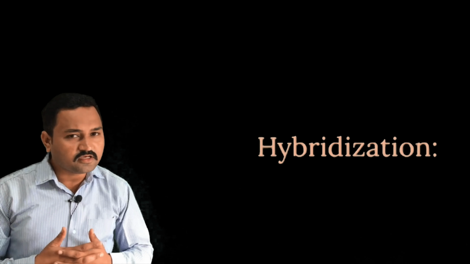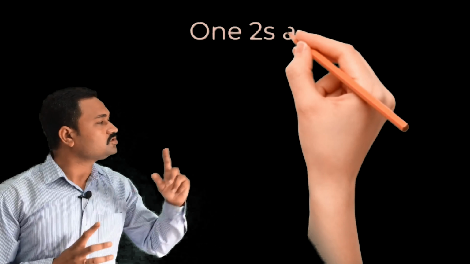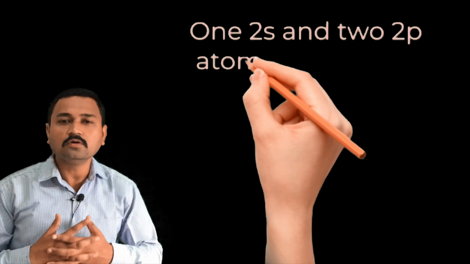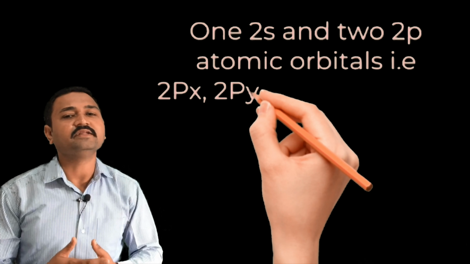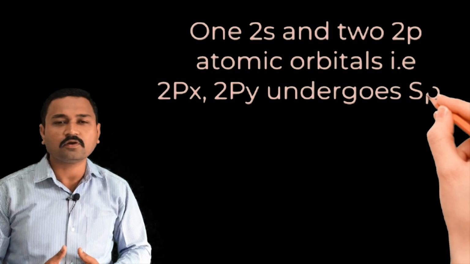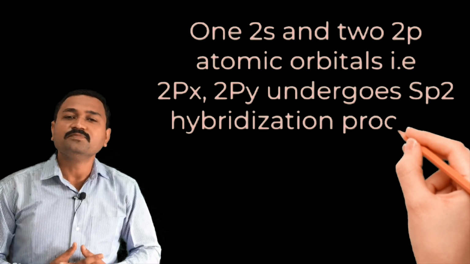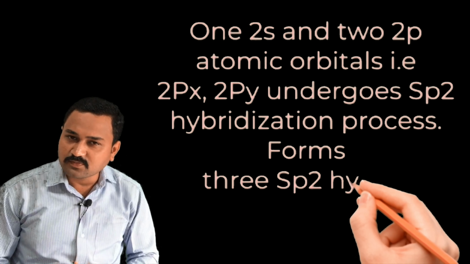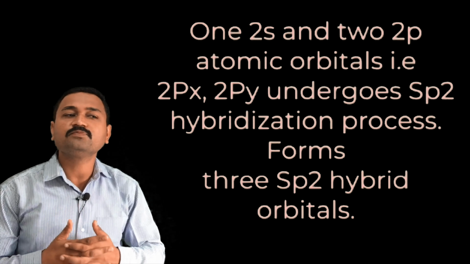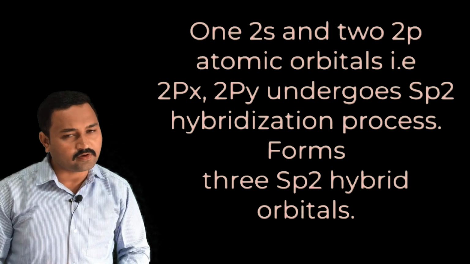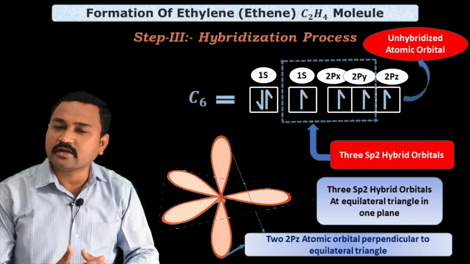Now let us consider the next step, that is the hybridization process. Here in the ethylene molecule the 1 2s and the 2p atomic orbitals, that is 2px and 2py, undergo the sp2 hybridization process and form 3 sp2 hybrid orbitals of equivalent nature.